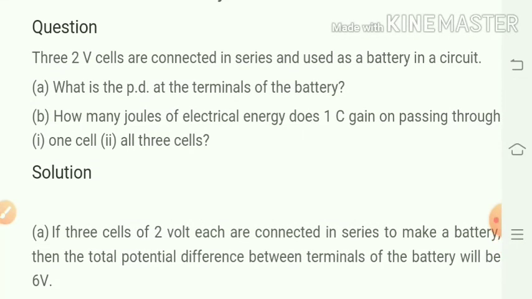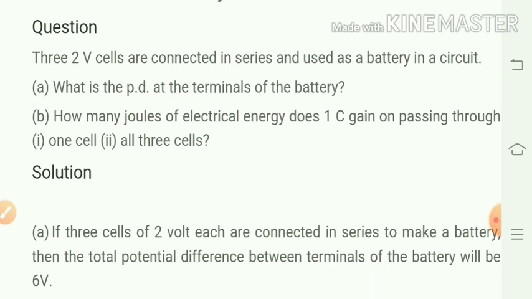Three 2-volt cells are connected in series and used as a battery in a circuit. What is the potential difference at the terminals of the battery? How many joules of electrical energy does 1 coulomb gain on passing through one cell or all 3 cells?